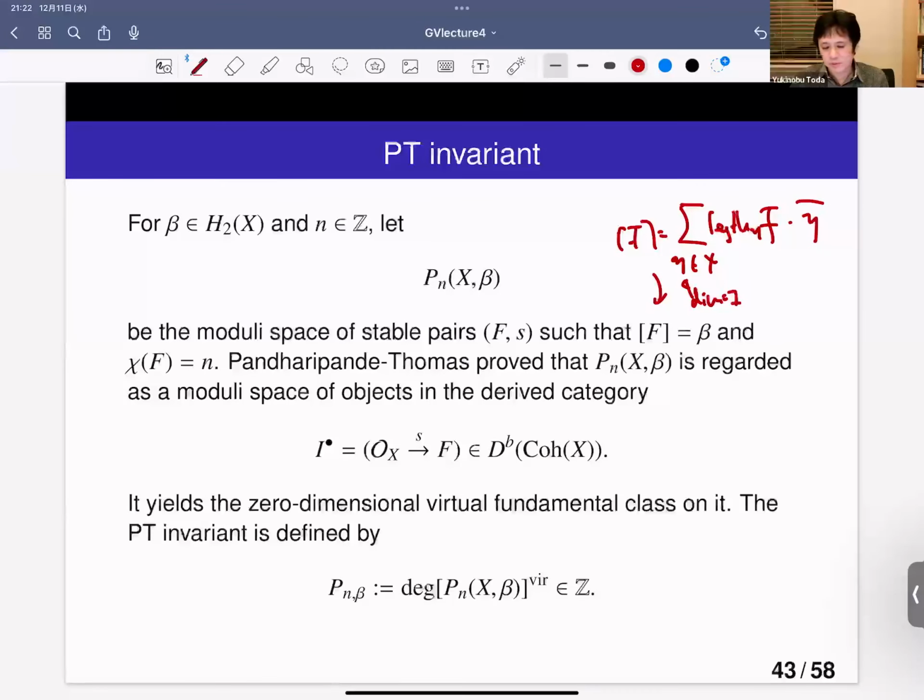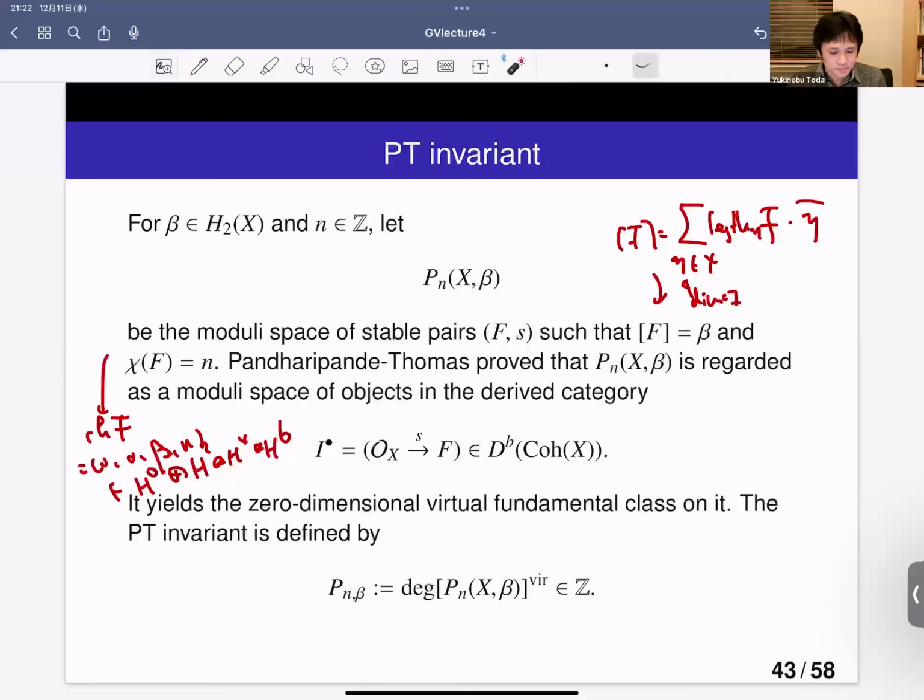Roughly speaking, this is some weighted support of this sheaf F, and the weight is the multiplicity of this sheaf at each generic point of the one-dimensional support. And this condition is also equivalent to the Chern character of F being equal to (0, 0, beta, n) in H^0 plus H^2 plus H^4 plus H^6.